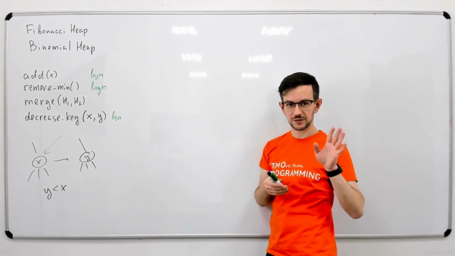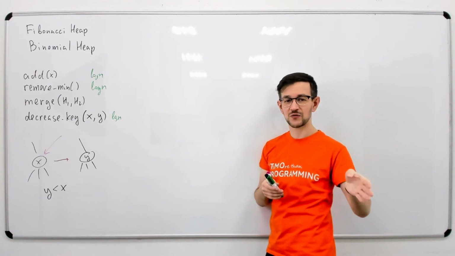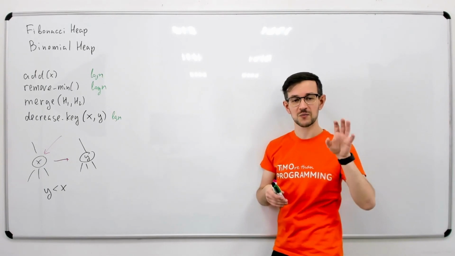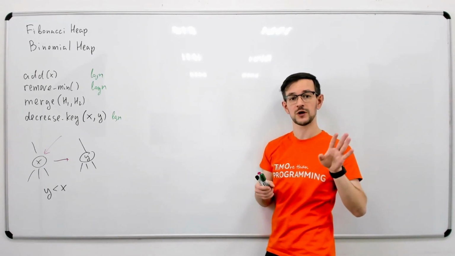Binomial heap is something like Fibonacci heaps, like a first step before we reach the Fibonacci heap. It's just easier to understand Fibonacci heaps when you already know how binomial heaps work.